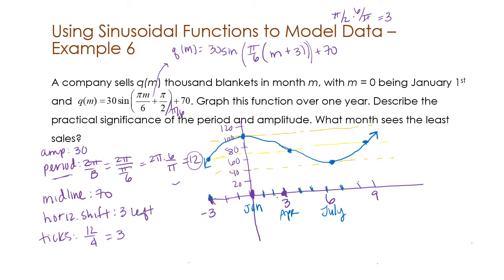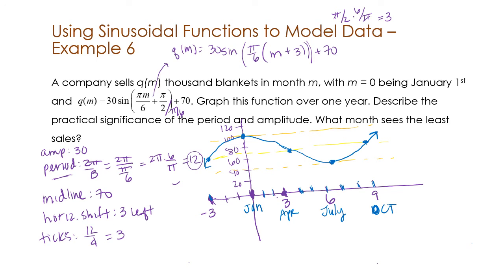Okay, so this would be January, February, March, April, May, June, July, August, September, October. There we go.